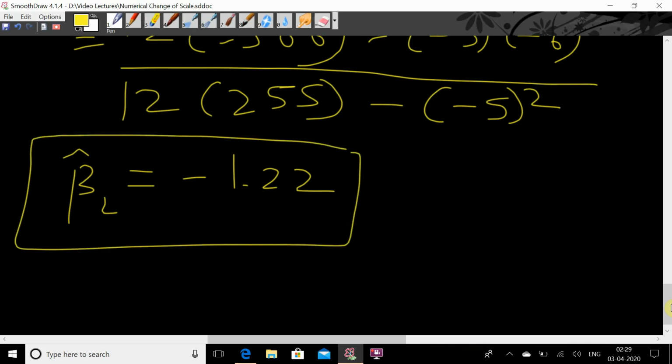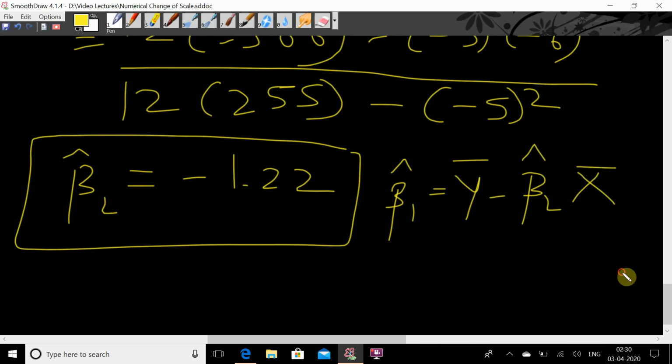Now you can see, for this data set, which was not easy to handle, we used the concept that regression coefficients are independent of change of origin, and we easily found the value of beta 2 hat. Now beta 1 hat will be given by the same formula, which is y bar minus beta 2 hat x bar.